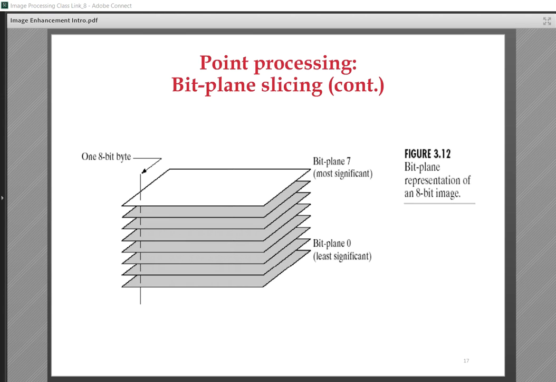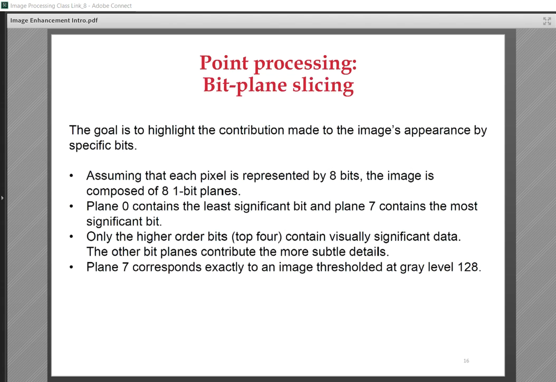This is the next slide. This is the first plane, second plane, third plane, etc. This plane is for bit 0, bit plane 0, the least significant bit, across all the X and Y positions.